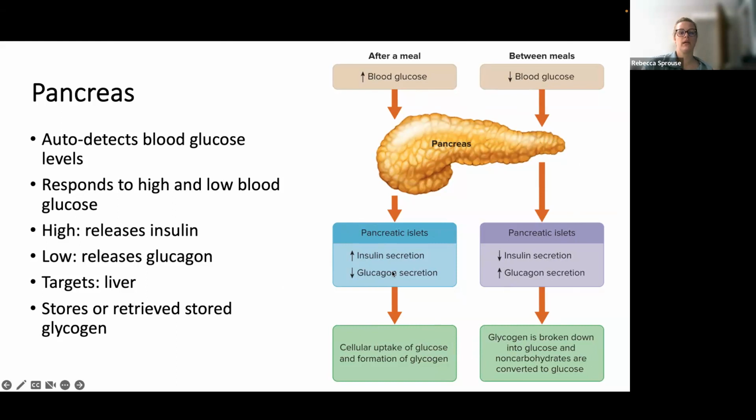But they're still producing glucagon, and so maybe their blood sugars get too high, things like that. So again, if your blood glucose is too high, insulin is released. If your blood glucose is too low, glucagon is released, and that's just to lower or raise your blood glucose back to homeostasis.